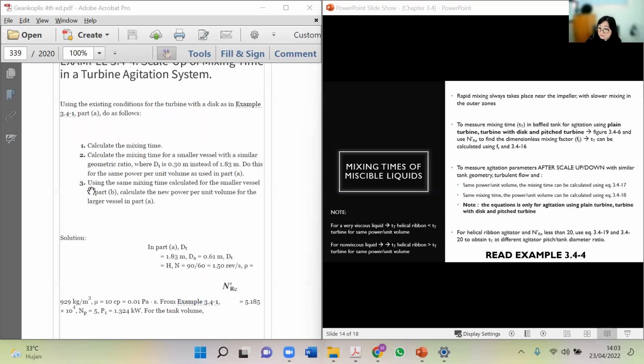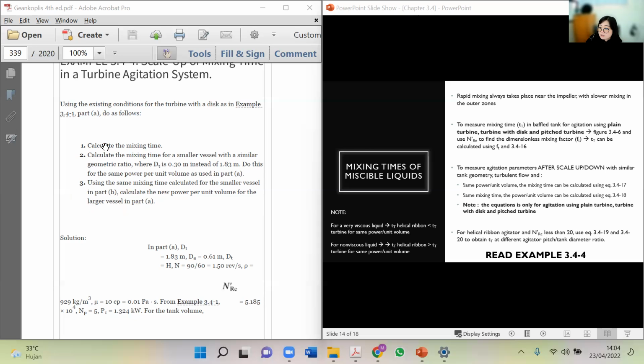For the third point, we are asked to calculate the new power per unit volume if we scale the vessel up to a larger one, using the same mixing time as the smaller vessel.